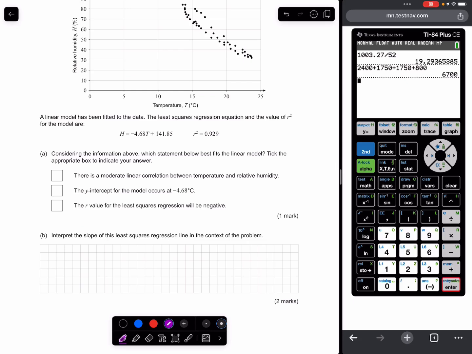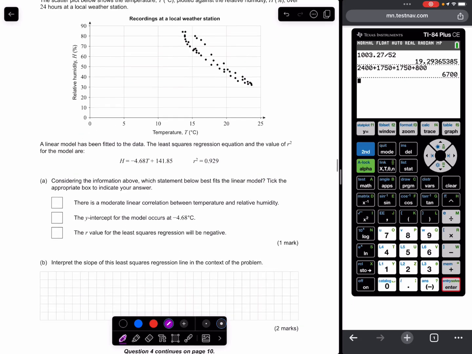They got the least squares regression line. Considering the info above, which statement below best fits the linear model? There's a moderate linear correlation. Well, 0.929, the square root of 0.929. That's not moderate, that's strong. So not the top one.